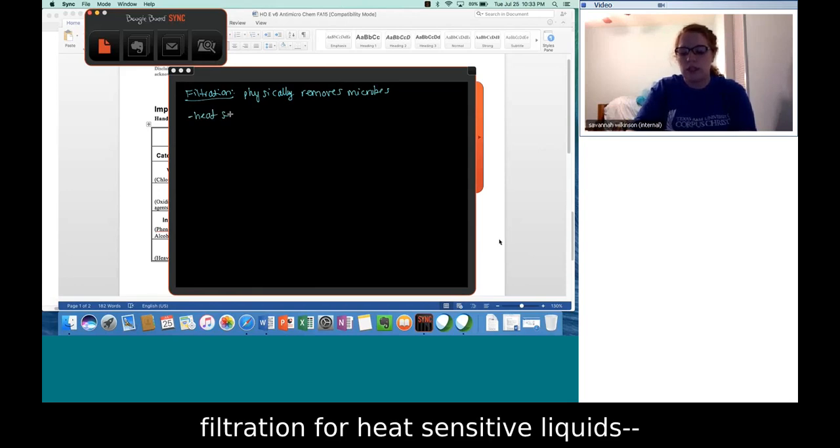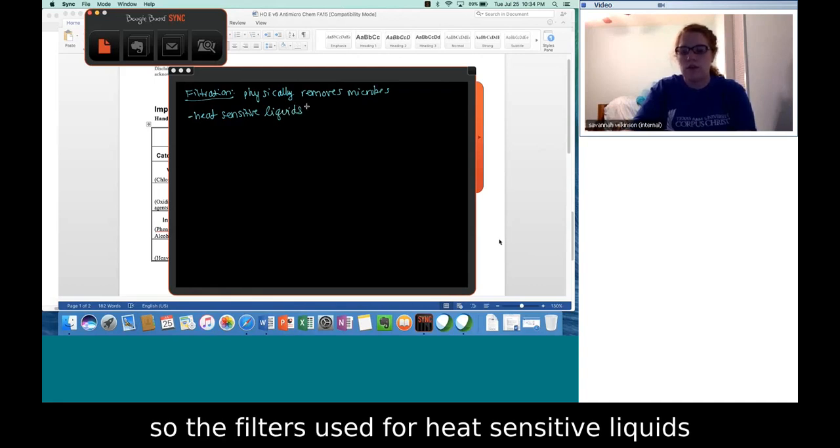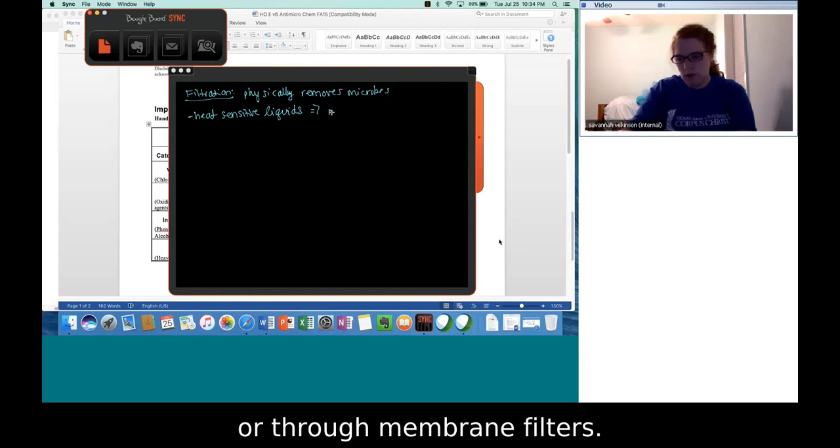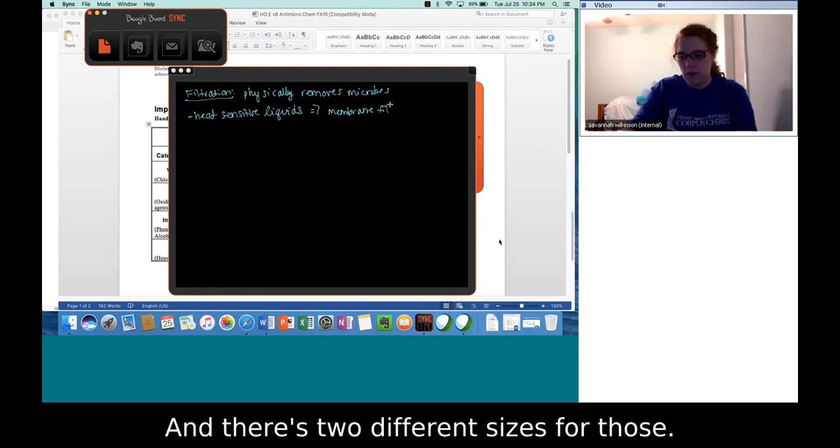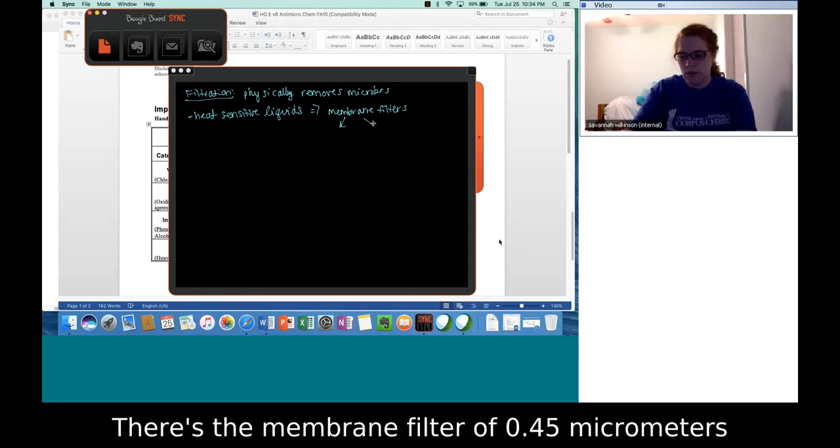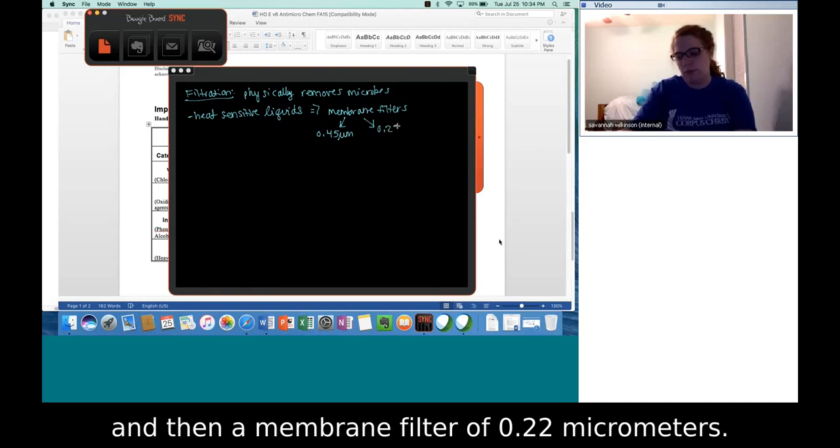Filtration for heat-sensitive liquids. The filters used for heat-sensitive liquids are membrane filters, and there are two different sizes for those: a membrane filter of 0.45 micrometers, and a membrane filter of 0.22 micrometers.